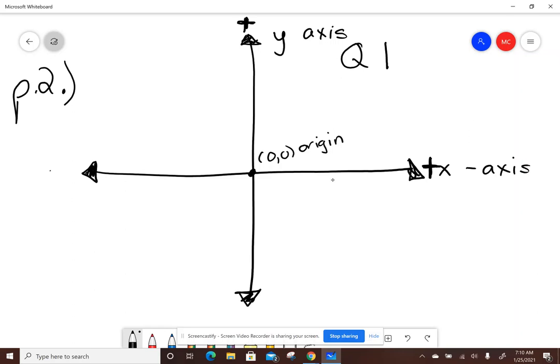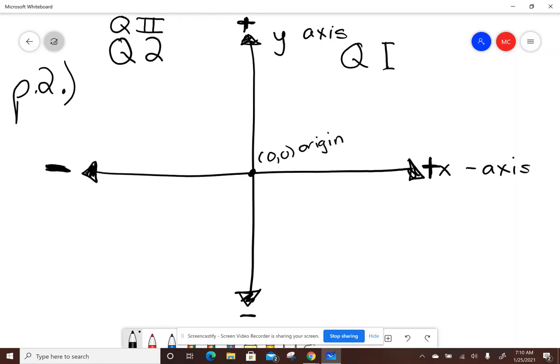Now, quadrant 2, this is where the x values are negative, but y is positive. Now, often when you see these quadrants, you see Roman numerals. So I'm going to do it both ways. You should try to remember the Roman numerals, but if you write regular, that's fine with me.